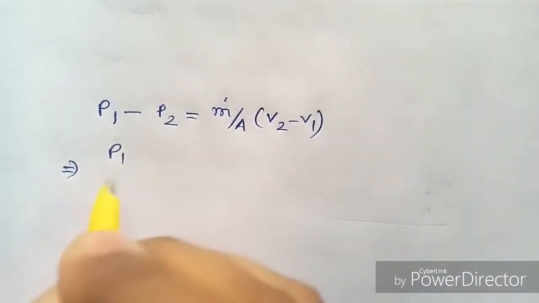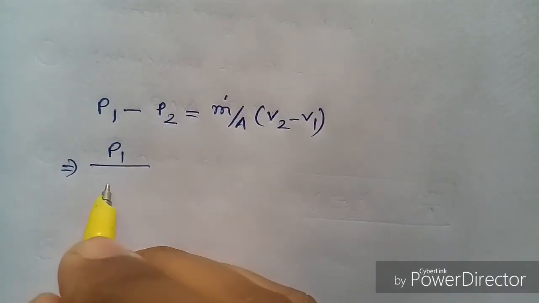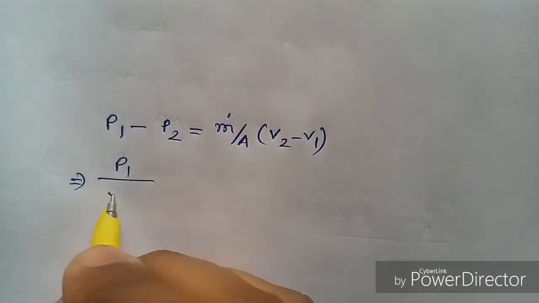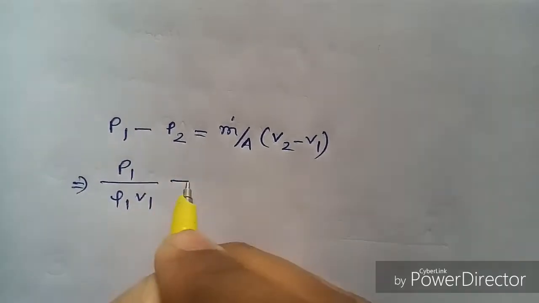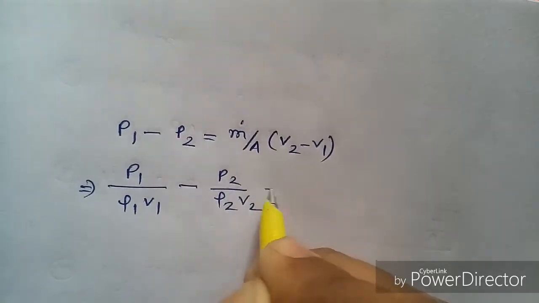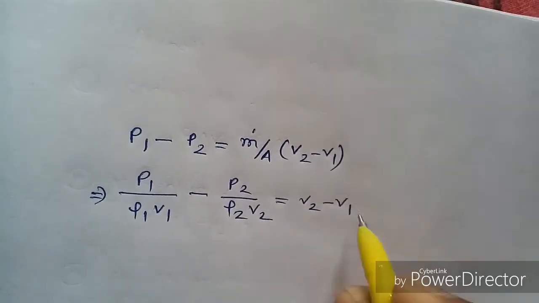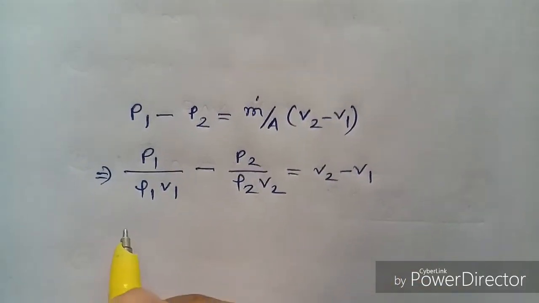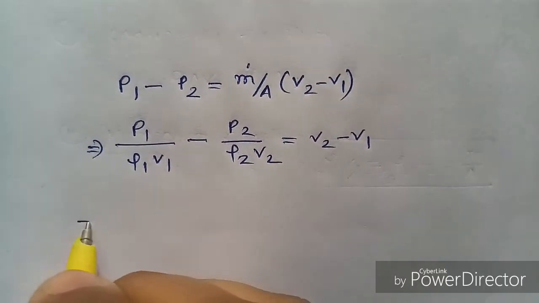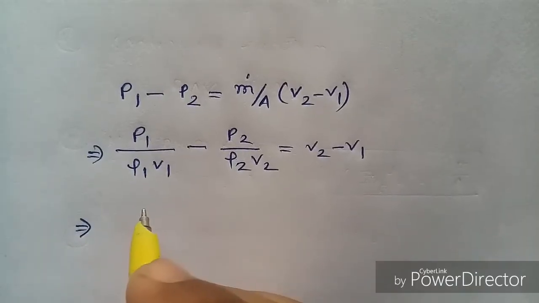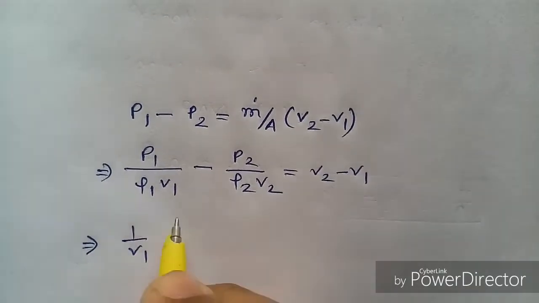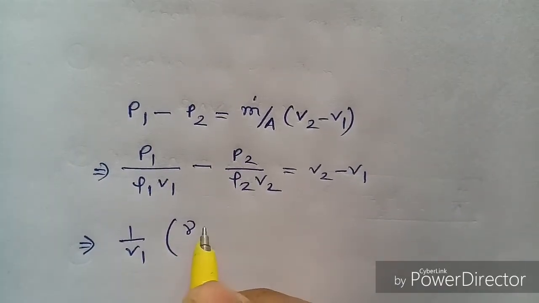So P1 by rho 1 v1 minus P2 by rho 2 v2 is equal to v2 minus v1. Okay, next you multiply it by gamma.